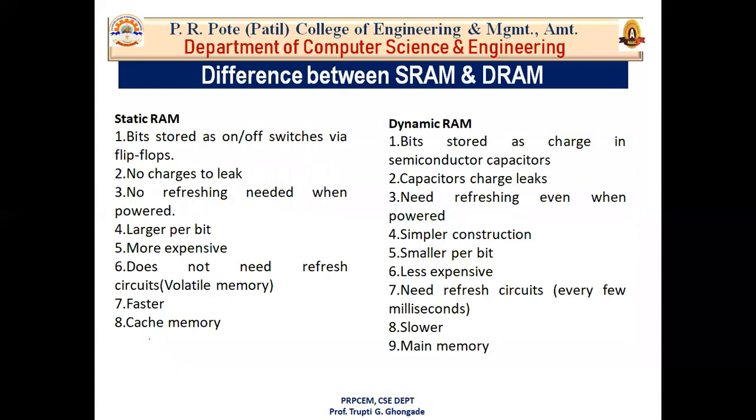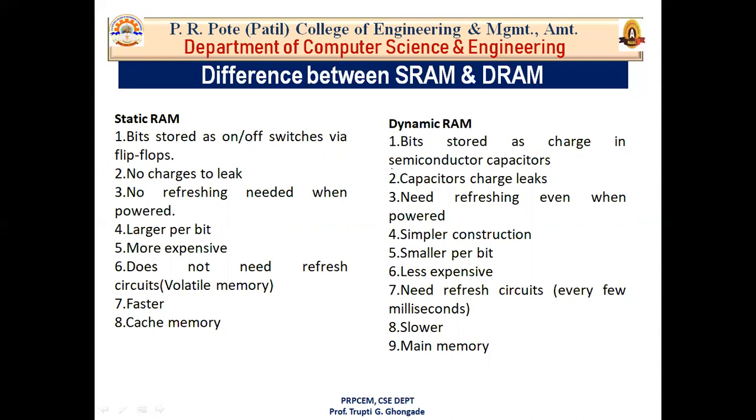Now, let's see the difference between static RAM and dynamic RAM. In static RAM, a bit is stored as on or off switches via flip-flops. In dynamic RAM, a bit is stored as a charge in a semiconductor capacitor.